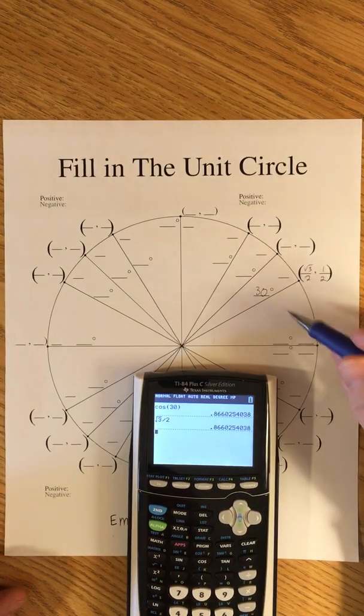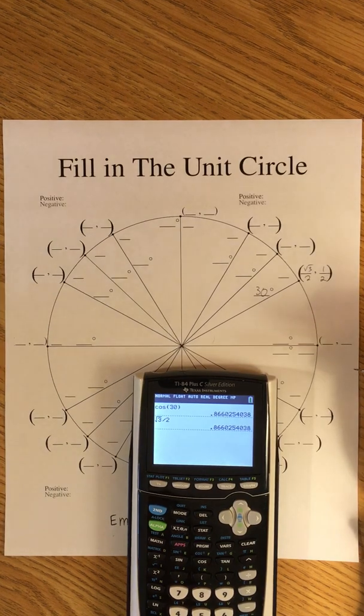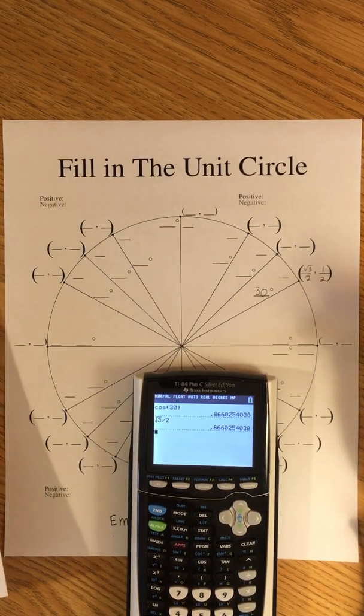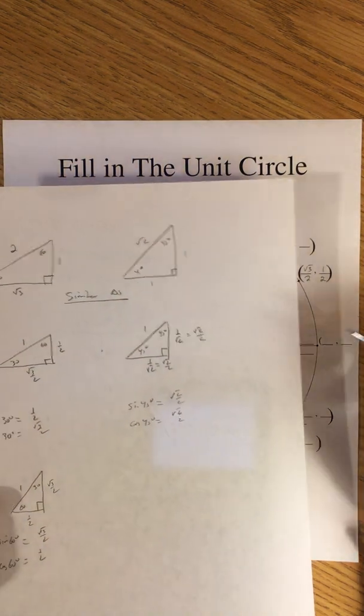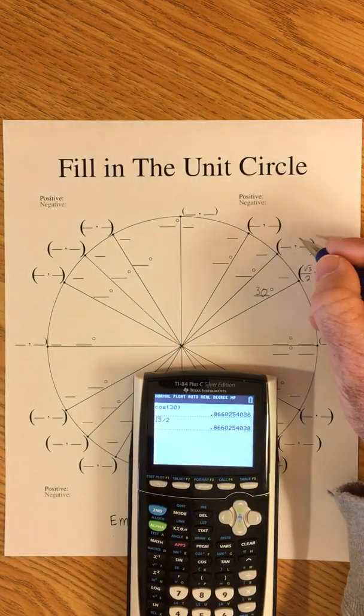Okay, now 45 degrees. Well, I can go back and look at these triangles that I created in order to figure out what 45 degrees is. Cosine is square root of 2 over 2, sine is square root of 2 over 2.